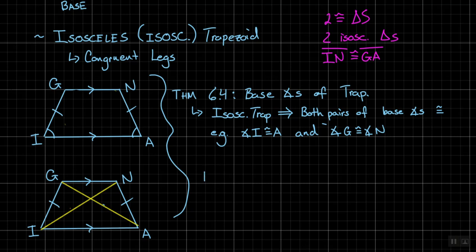And then we'll do a quick vocab brain break, if you guys would like. Theorem 6.5, and we're just going to say diagonals, and I'm going to write the whole word, I lied. Diagonals of isosceles trapezoid. Okay, now this one, I'm going to let you guys help me decide.